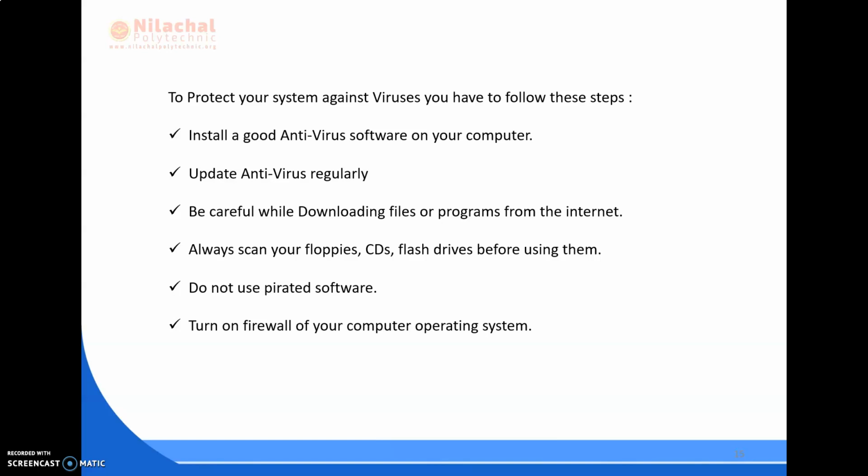Next, always scan your floppies, CDs, flash drives before using them. Next, do not use pirated software. Next, turn on the firewall of your computer operating system. So these are some of the steps to protect the system against viruses.